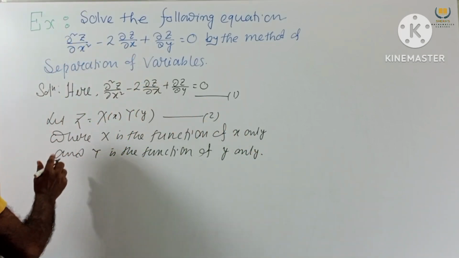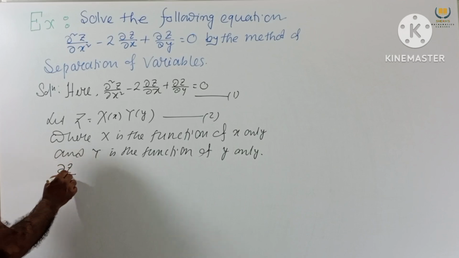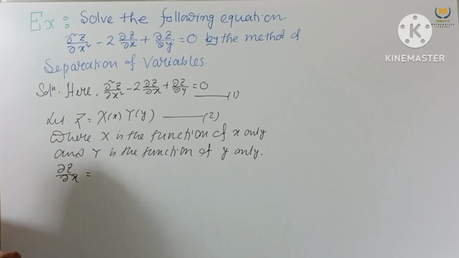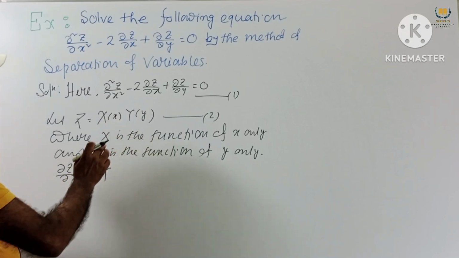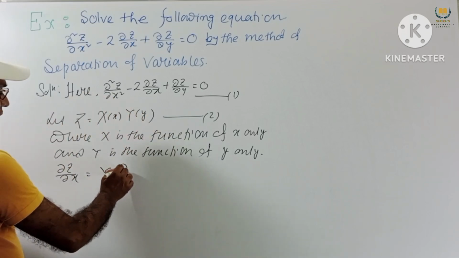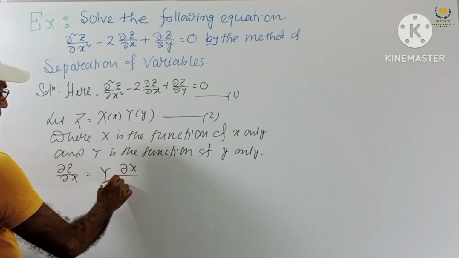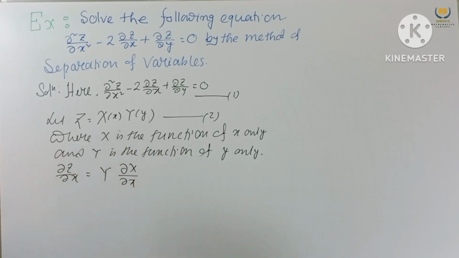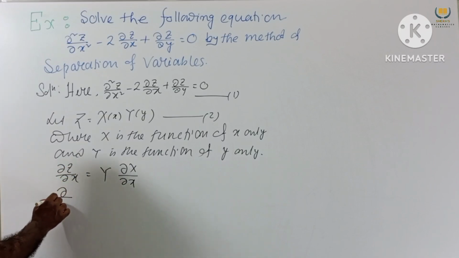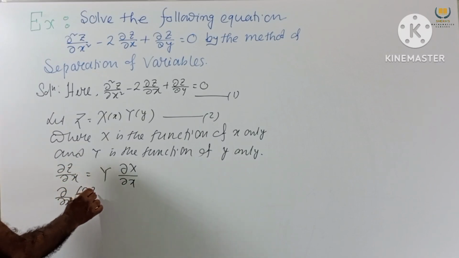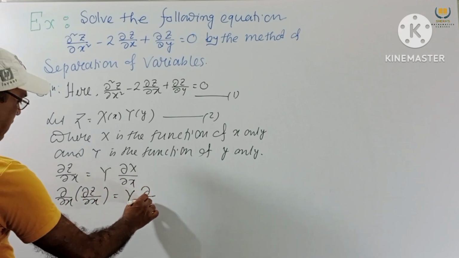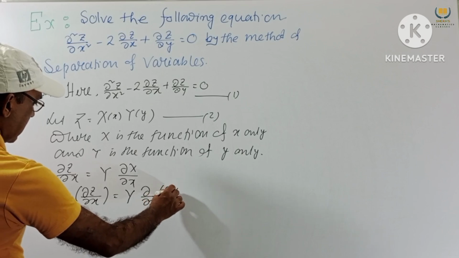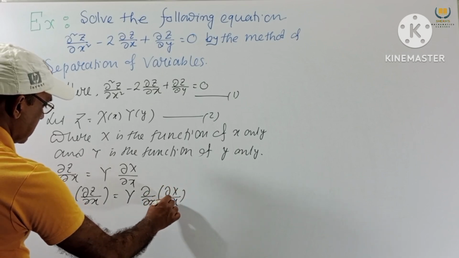So we differentiate this one with respect to x partially, del z del x. If we differentiate with respect to x partially, then y is constant. We write simply Y, no need to write this y, del X del x. But here second order derivative is given, so again we differentiate del x, so Y is constant, this is outside, del X del x del x.